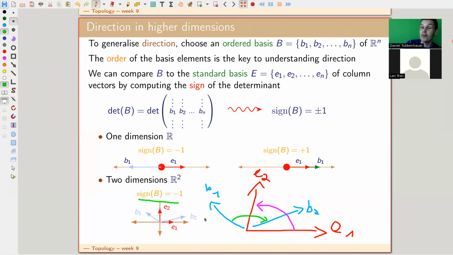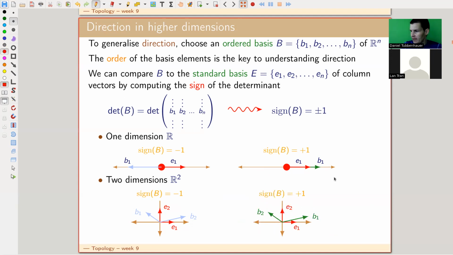So that's what this determinant is measuring, the sign measuring. Whether our choice of coordinate system, so the B's are just a choice of a coordinate system, is oriented in the same way as the standard one. And again, we can do it this way around. So let me redraw it. So here's E2, here's E1, right? The standard choice. And now let's say B1 goes like this, and B2 goes like here. So in this case, both of them walk in this direction from 1 to 2.